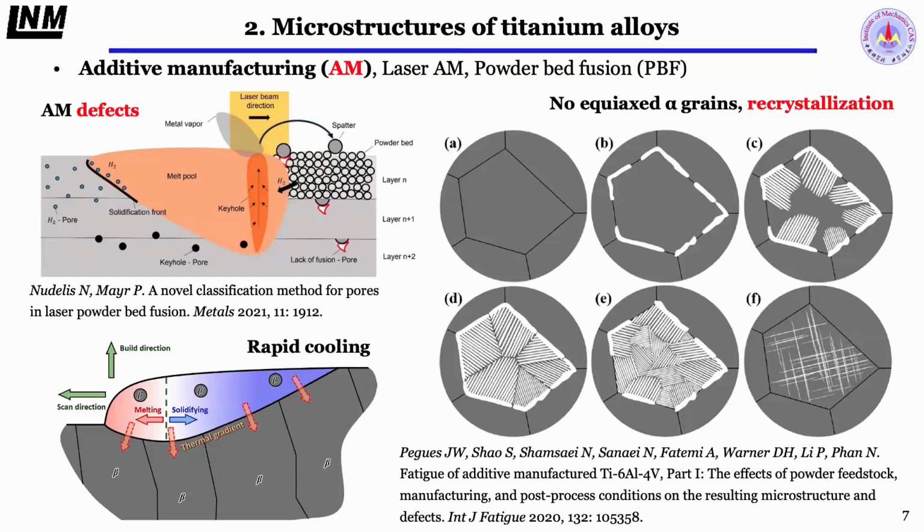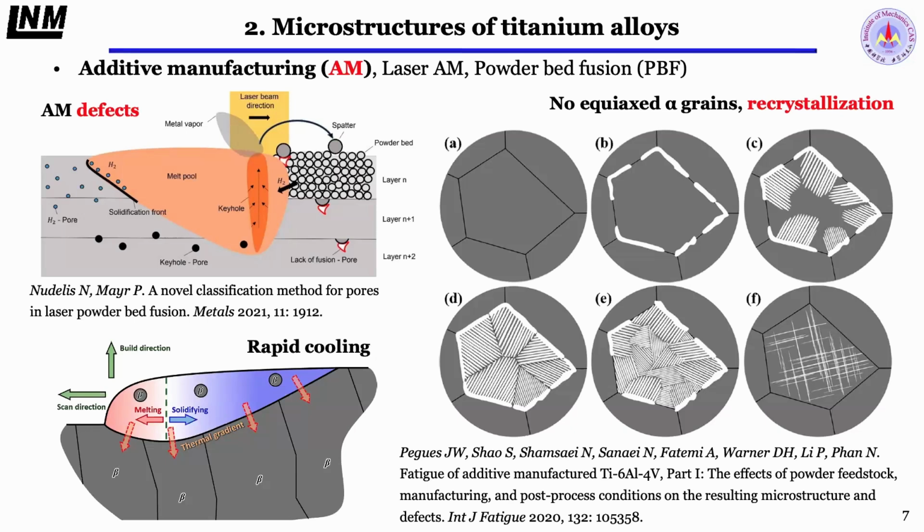Even for additive manufacturing, the laser interacts with the powder and powder particles, and then the melt pool behavior introduces many AM defects, like lack of fusion, porosity, keyhole and other things.